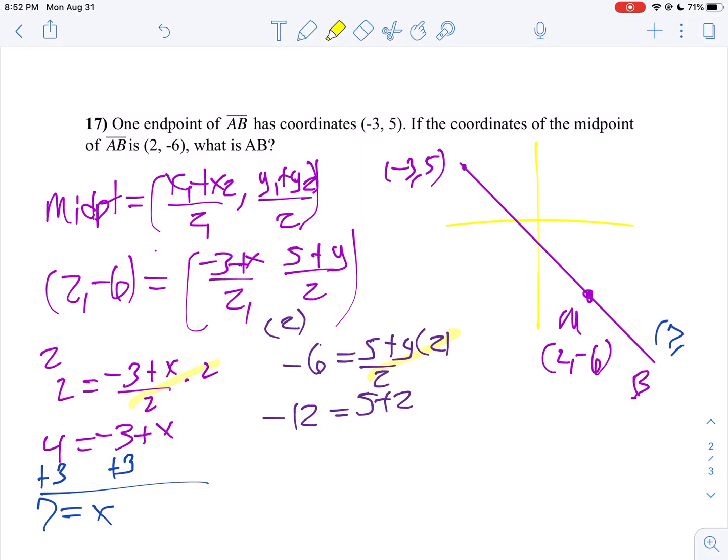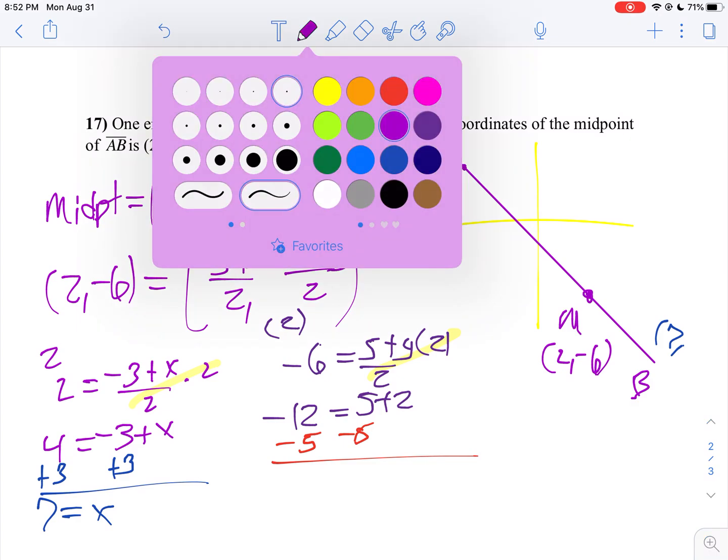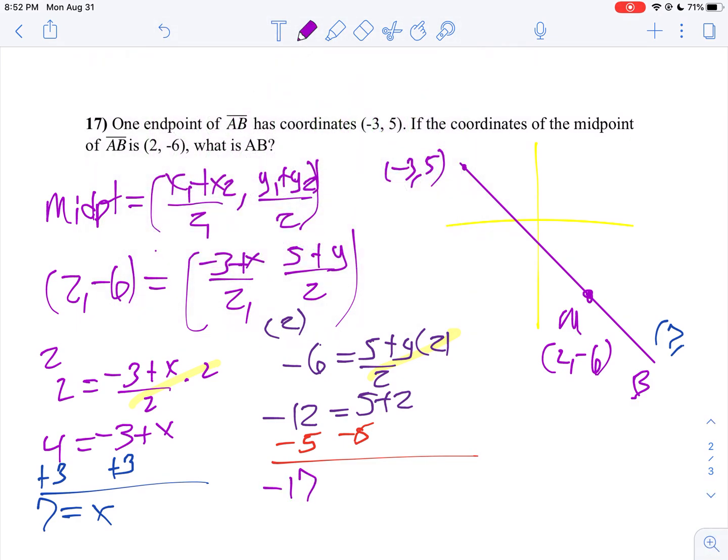Didn't say that before, but that's what happens. Finally, let's subtract 5 from both sides. We get negative 17. I put a 2 in there, didn't I? That's supposed to be a y. Sorry about that. So y is negative 17.